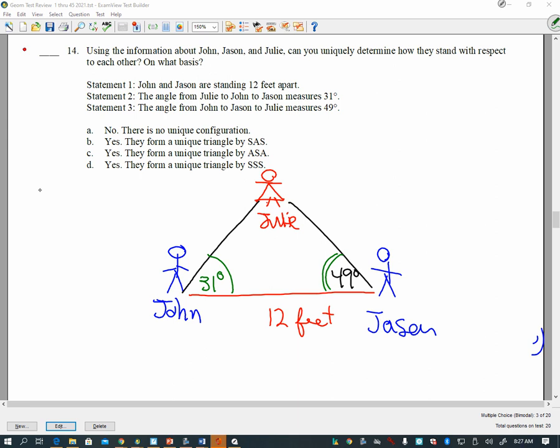Is it specific? Specific enough that we could use math to determine exactly how far John and Julie are standing apart and exactly how far Jason and Julie are standing apart, and we could even use math to determine exactly what the degree from John to Julie to Jason is, couldn't we? Yeah. So we could go on and find out all of the other parts of this triangle if we wanted to.